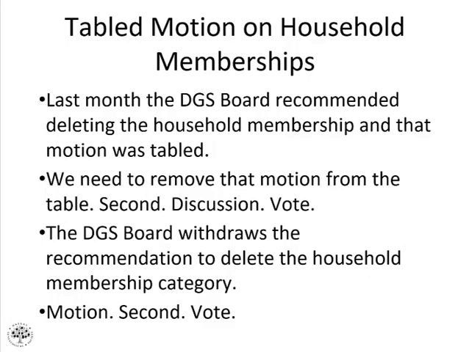All right, so we had a motion to vote on the recommendation. This was in April. We had a motion to vote on the recommendation to delete the household membership, and there was discussion at the April meeting, and at that point we wanted to do some additional discussion about it.